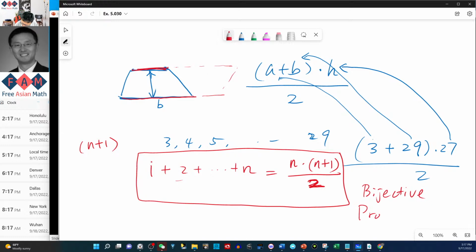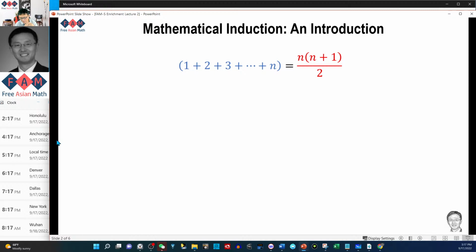So today we'll look at this problem from a very different angle. We don't know anything about geometry, we don't know combinatorics or counting. We just look at this formula. How do we prove this directly? We don't use techniques like combining 1 with n, 2 with n+1 and counting how many pairs we have, or making an exact copy.